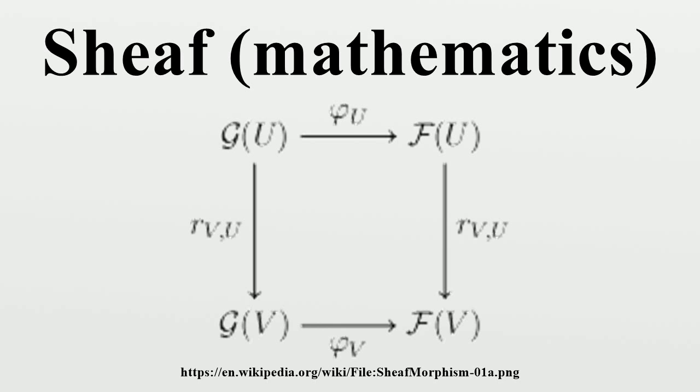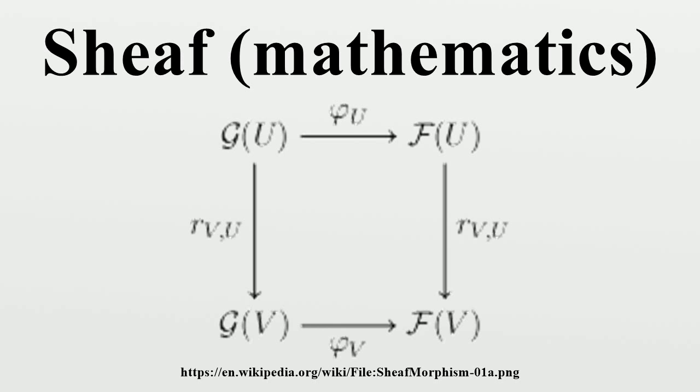For each open set U of X, there corresponds an object F(U) in C. For each inclusion of open sets V ⊆ U, there corresponds a morphism res_{V,U}: F(U) → F(V) in the category C. The morphisms res_{V,U} are called restriction morphisms. If s ∈ F(U), then its restriction res_{V,U}(s) is often denoted s|_V by analogy with restriction of functions.